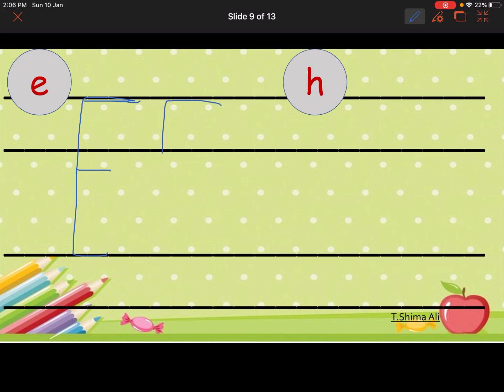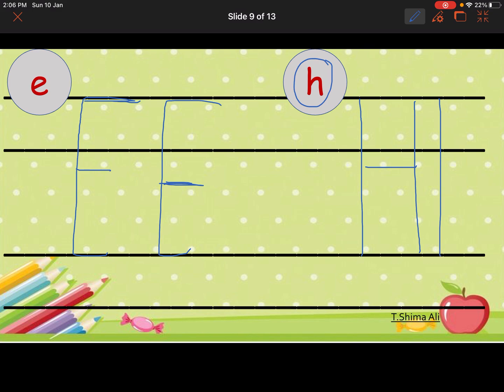Okay, this is the capital E. We write it like this, and here we have the H sound. H for house, H for hat, hand, head, and hot. Okay, and we write the capital H like this. Okay, from line 1, 2, 3, 1, 2, 3, then like this. This is the H sound.